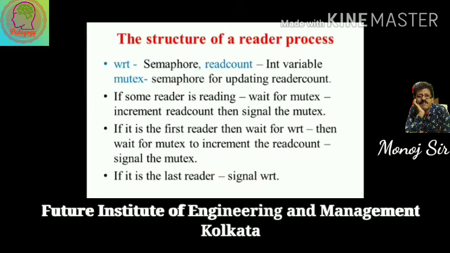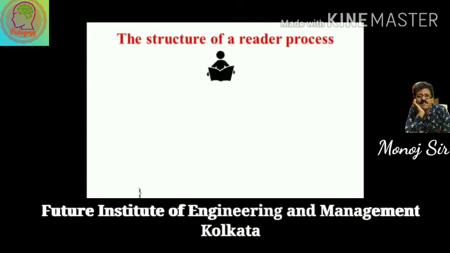Now, please read the slide very carefully. If needed, pause. The structure of the reader process can be written within an infinite while loop. Wait for mutex to increment, then increase the count, that means read count plus plus.